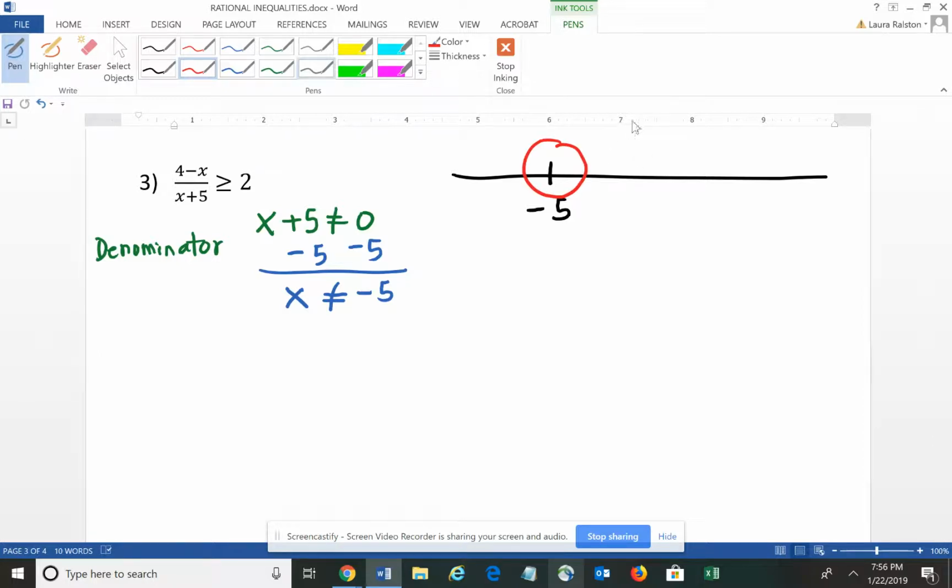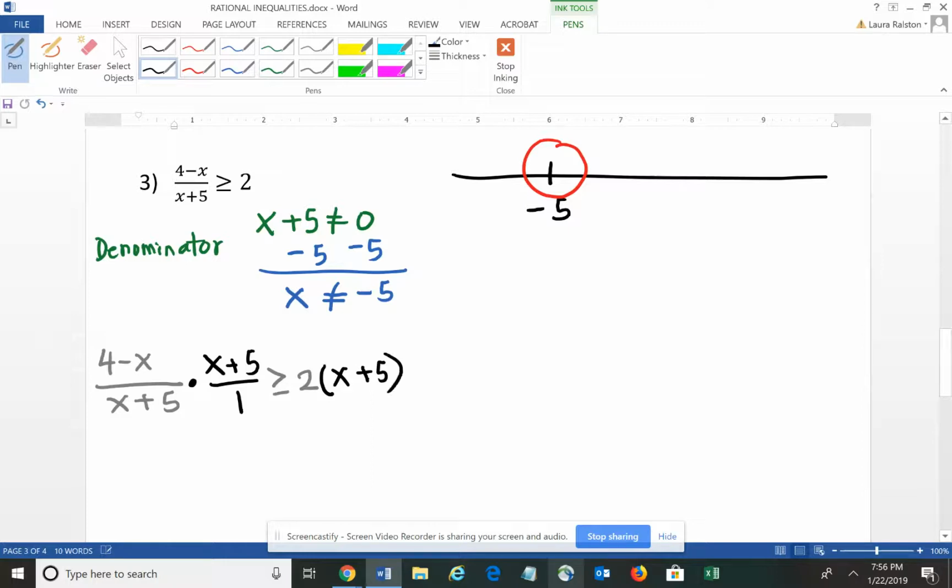Then I'm going to solve the actual equation, (4 minus x) over (x plus 5) greater than or equal to 2. And I'm going to multiply again by the common denominator of x plus 5 on both sides.